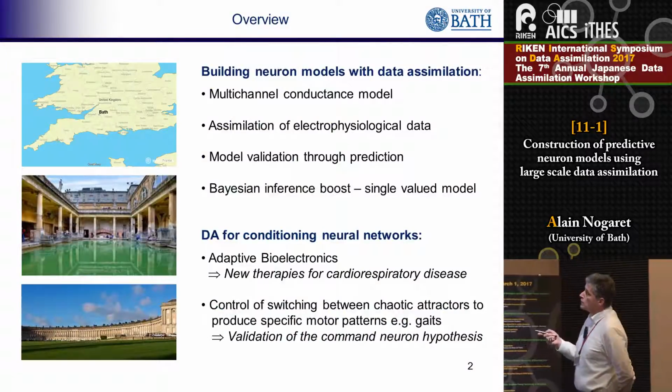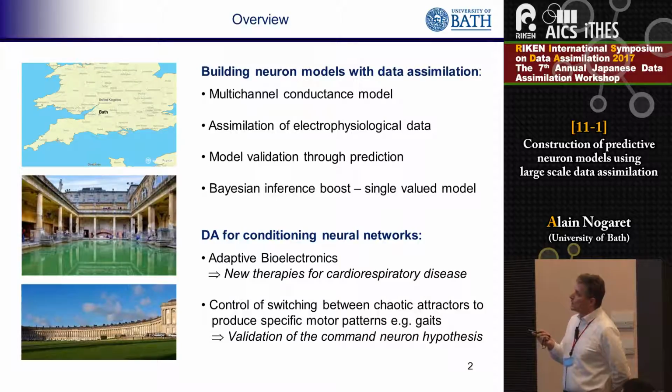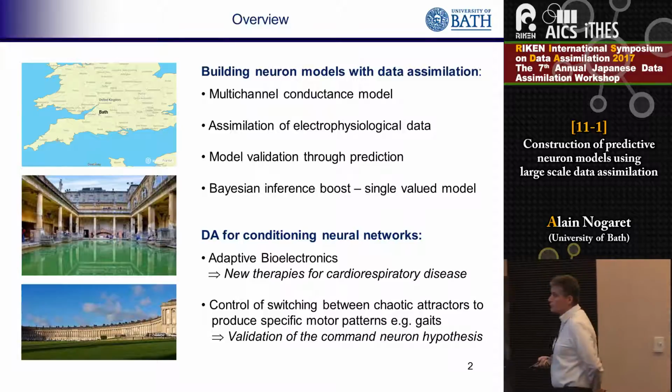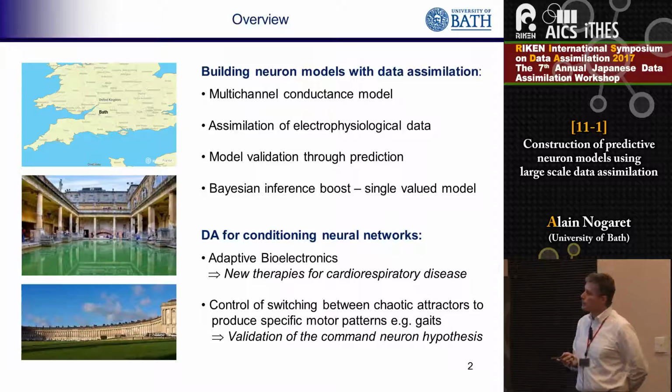So in terms of building neural models with data assimilation, essentially we'll be building a multi-channel conductance model using assimilation of electrophysiological data. The models will be validated through prediction from a wide range of injection protocols.